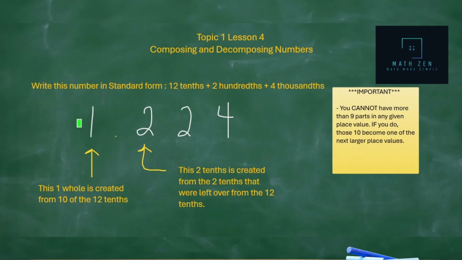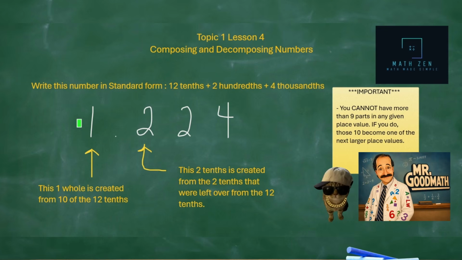Now, a little side note here, you might have heard me say grow up. When I was in school, my father, who is Mr. Goodmath, who is the original OG of teaching math, used to teach place value as in growing up in little individual houses. And he would always say that if you have 10 of any individual in any house, they've got to grow up to become one of the next larger place value.